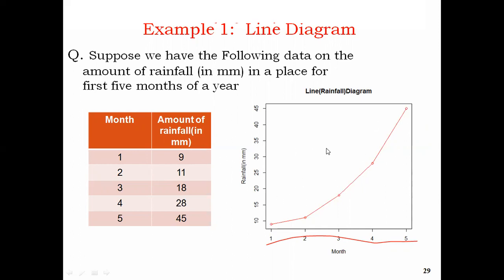How can we draw this line diagram? Here on this side months are 1 up to 5, and on the y-axis you see this is your rainfall, the amount of rainfall.